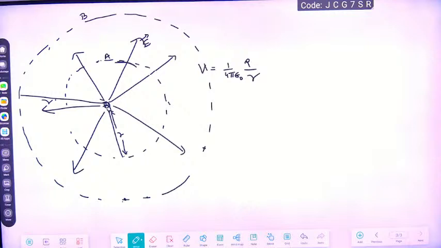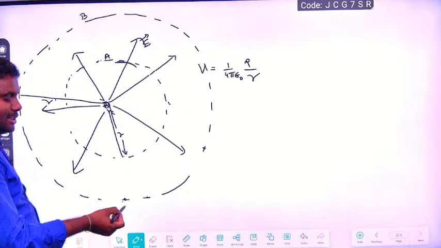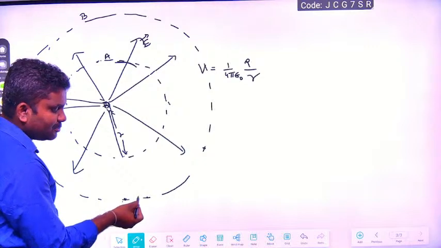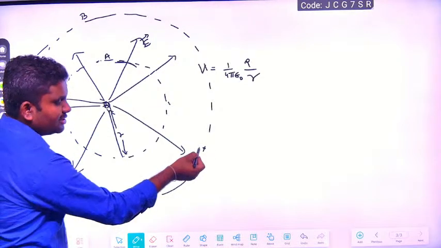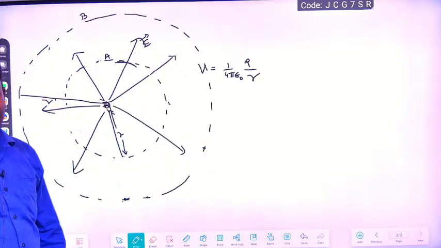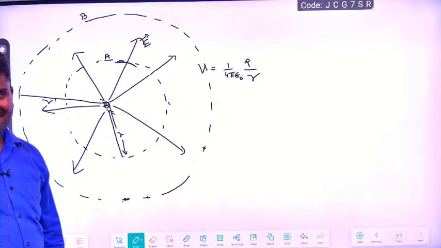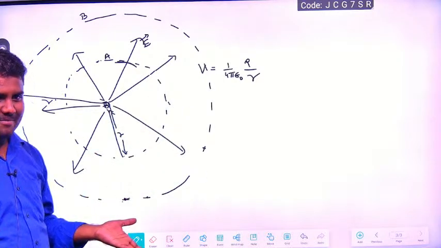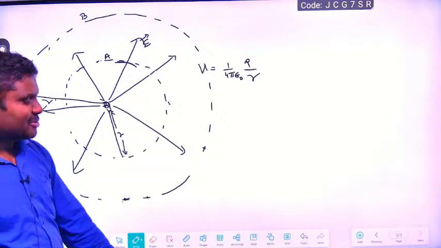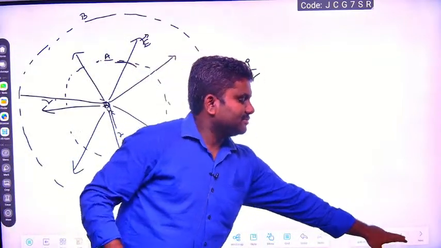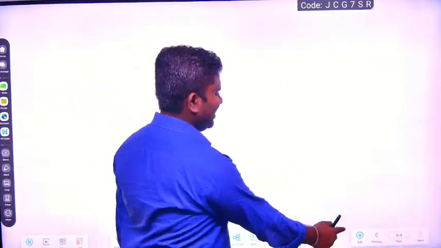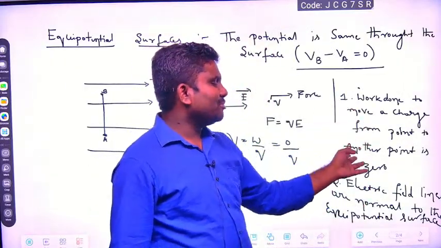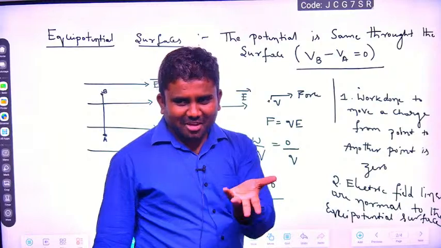What is the work done to move a charge from this point to this point on that surface? It is an equipotential surface. Zero. Work done to move a charge from one point to another point is zero on an equipotential surface.